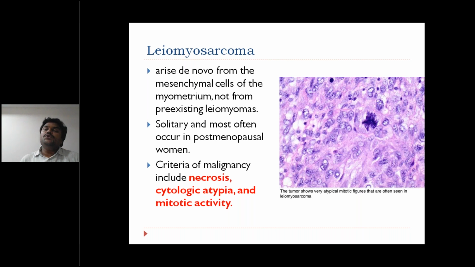When the tumors don't fit into either leiomyoma or leiomyosarcoma, because they will have atypia or mitotic activity but won't have necrosis, or they will have necrosis with little atypia, so out of the three criteria they have only some, then we call them smooth muscle tumor of uncertain malignant potential. If we find all three, necrosis, atypia and mitotic activity, you can call it a leiomyosarcoma.